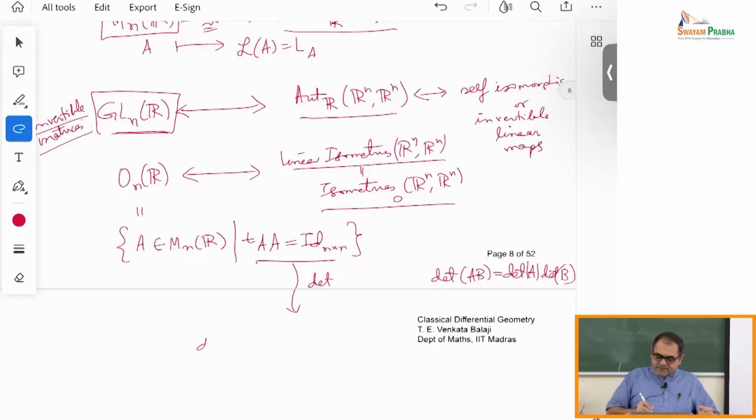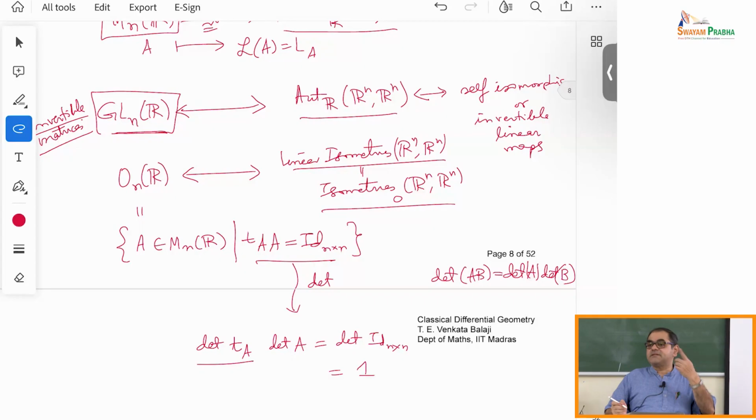Therefore if you apply determinant to this, on the left side you will get determinant of A transpose into determinant A is equal to determinant of identity. But determinant of the identity is 1, and determinant of a matrix is the same as determinant of its transpose. If you transpose a matrix, its determinant does not change. So the left side is going to be determinant A squared.